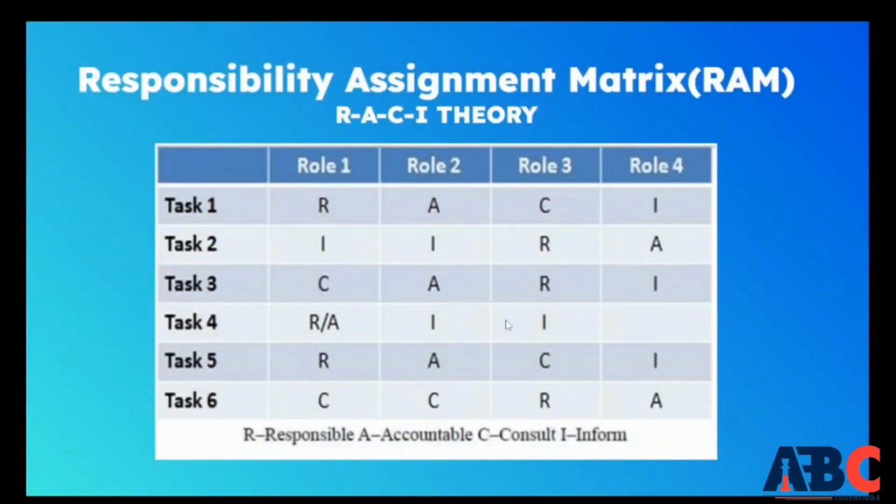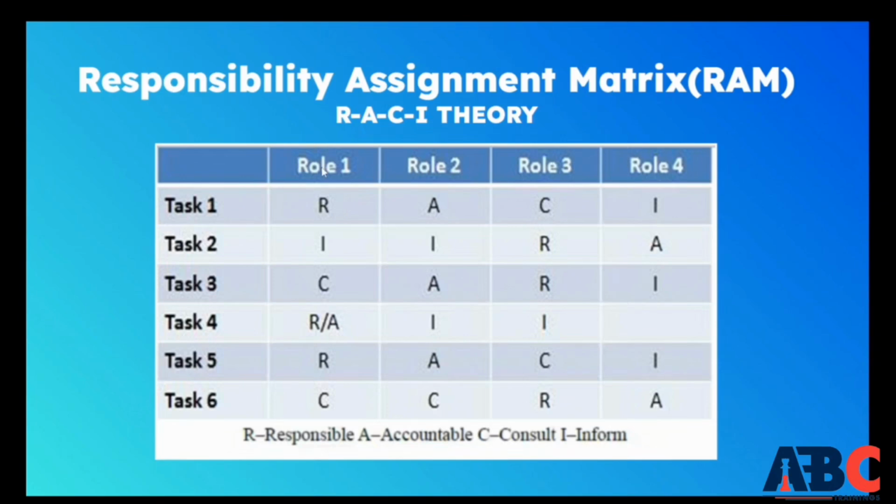For this, if you are assigning resources, we will see how you can assign responsibilities. We call it the responsibility assignment matrix. What exactly is this RACI theory? Most of the time, if you are assigning tasks to members, say I have 4 tasks: define stage, design stage, development stage, so task 1, task 2, task 3 and task 4, and I have 4 resources available: role 1, role 2, role 3 and role 4.